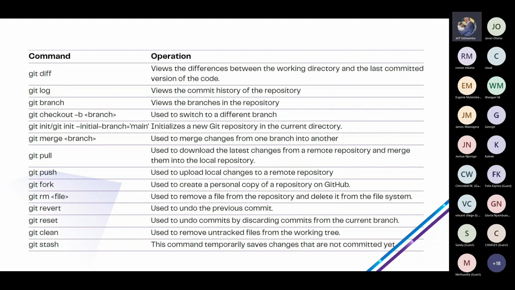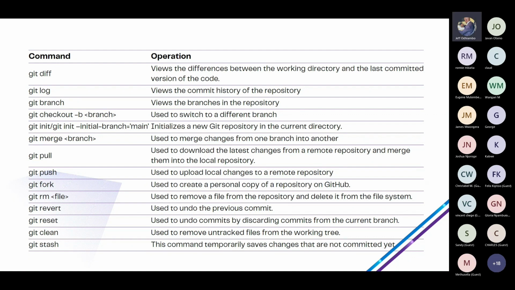When you clone, you are creating a copy of that, but when you actually do a git push, it will directly affect that project. Fork creates a personal copy that you can work on without affecting the original repository, while with a clone, when you do a push, it will affect the repository that you're working on.